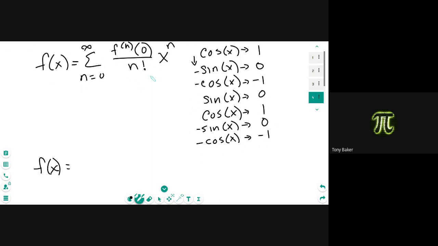Actually, we get 0, sorry. So you plug in 1, first derivative is going to be 1 over 1 factorial x, right? The next one's going to be 0 over 2 factorial x squared.